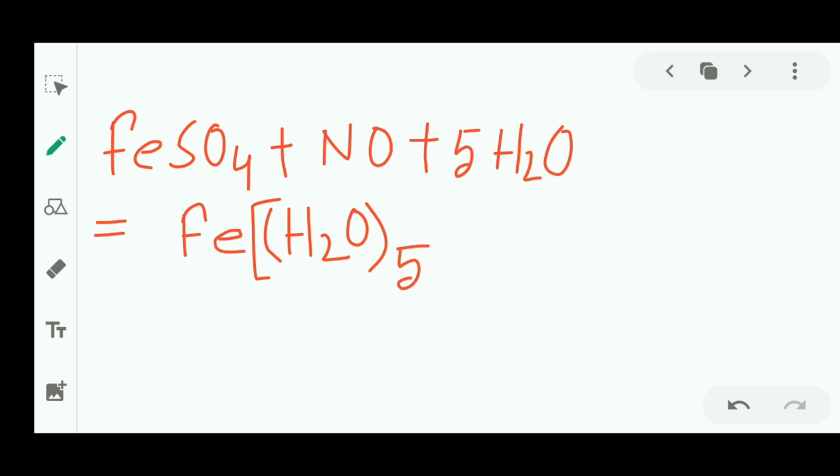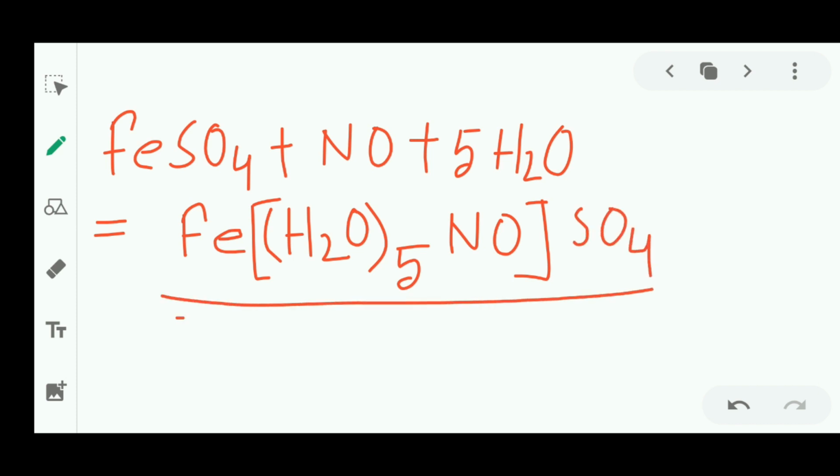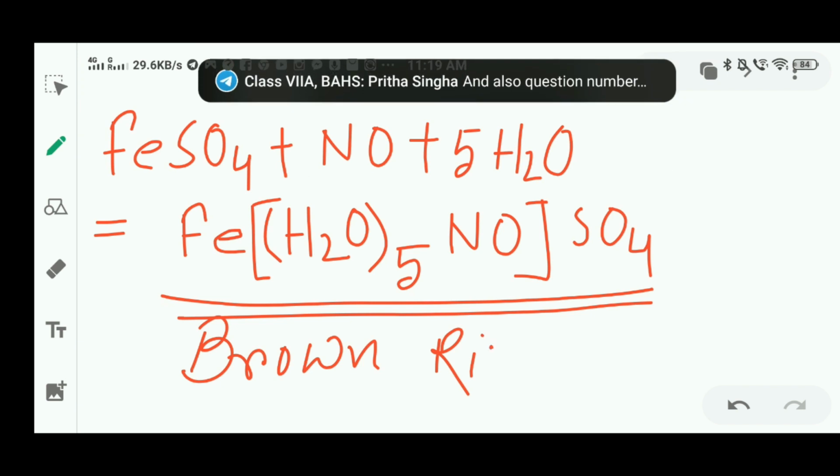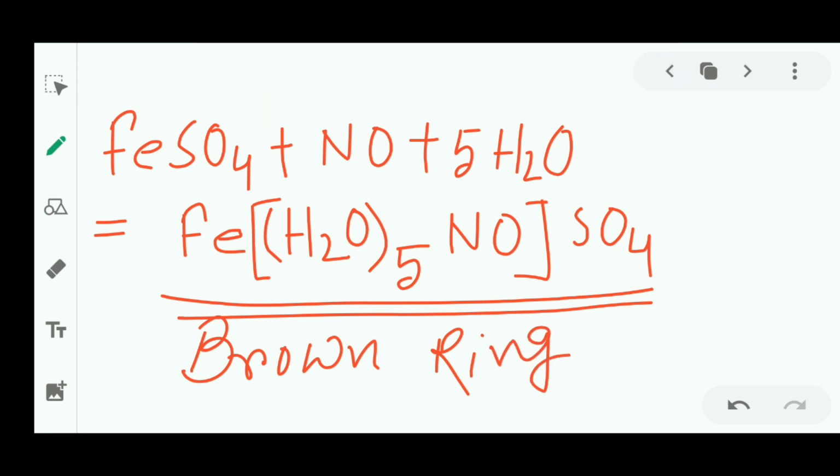That's why it is penta-aqua nitrosoferrous sulfate. This is the compound which forms the brown ring.